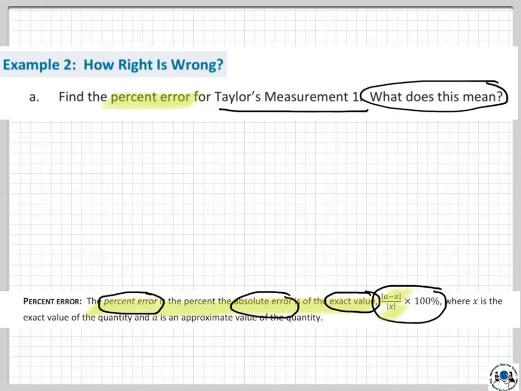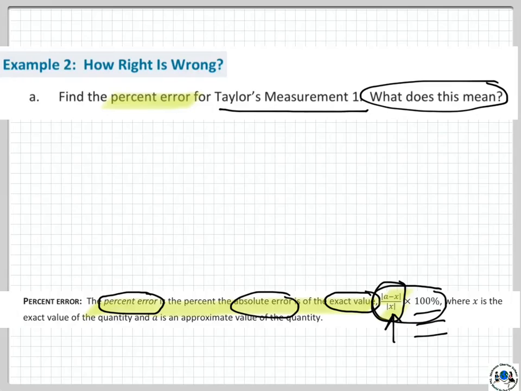So that x, that exact value, is going to be our denominator. We're going to divide those, and then multiply that by 100%. The reason we multiply by 100% is simply to make a percent out of a decimal or a fraction. All right, so let's go ahead and do that for Taylor.